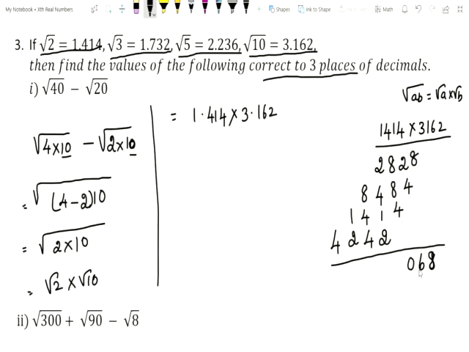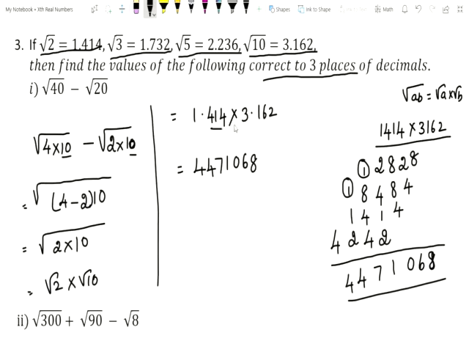So 0 remaining 2, 2 plus 2, 4, 4 plus 1, 5, 5 plus 4, 9, 9 plus 2, 11, 1 remaining 1, 4 plus 4, 8, 8 plus 8, 16, 16 plus 1, 17, 7 remaining 1, 2 plus 1, 3, 3 plus 1, 4. Okay. So write the number 4471068.